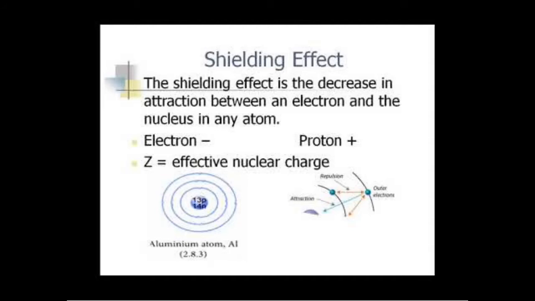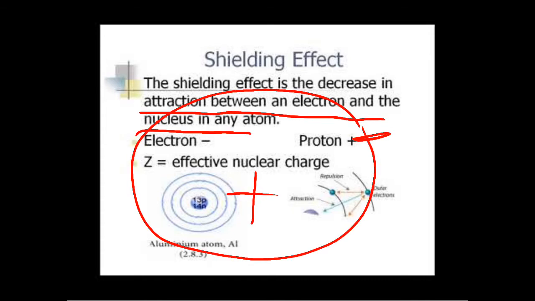Now, what is shielding effect? We know that oppositely charged bodies attract each other. And the shielding effect is the decrease in the attraction between an electron and the nucleus of any atom, meaning the effect of the protons from the center of the atom on the revolving electron.